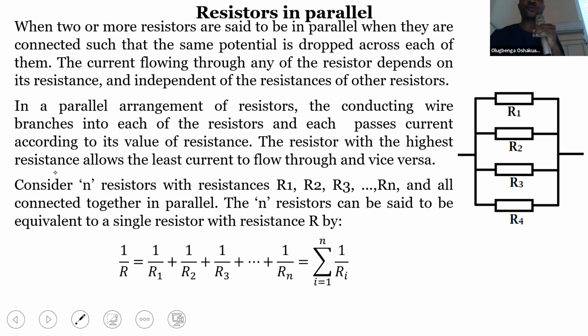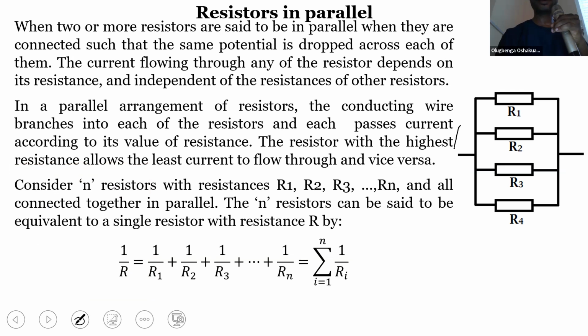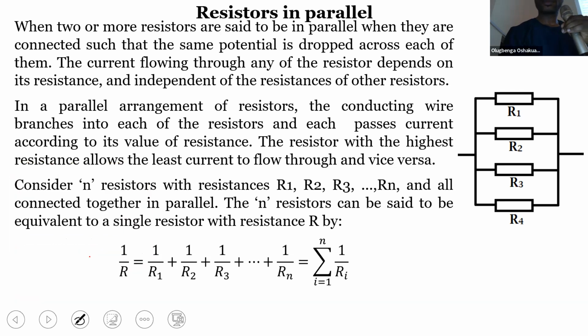So the current that will flow into this combination, let's call it I. You can think of this as I flowing in, and through R1, we have I1. Through R2, we have I2. Through R3, we have I3.